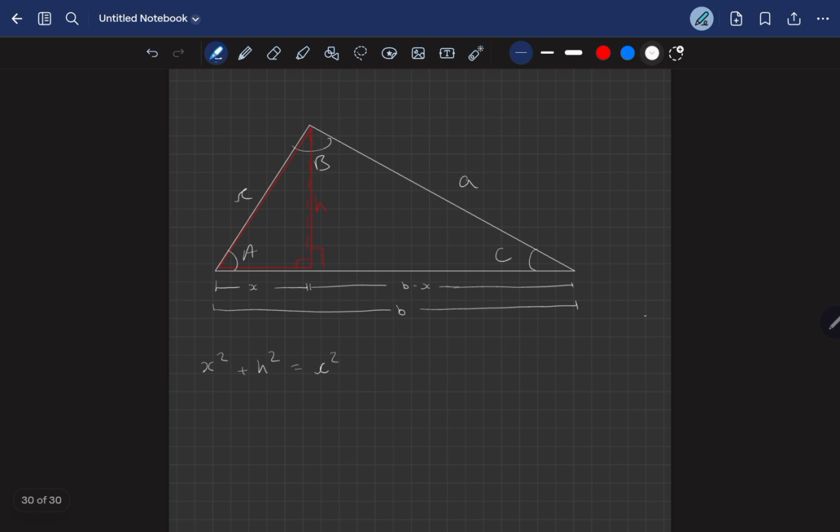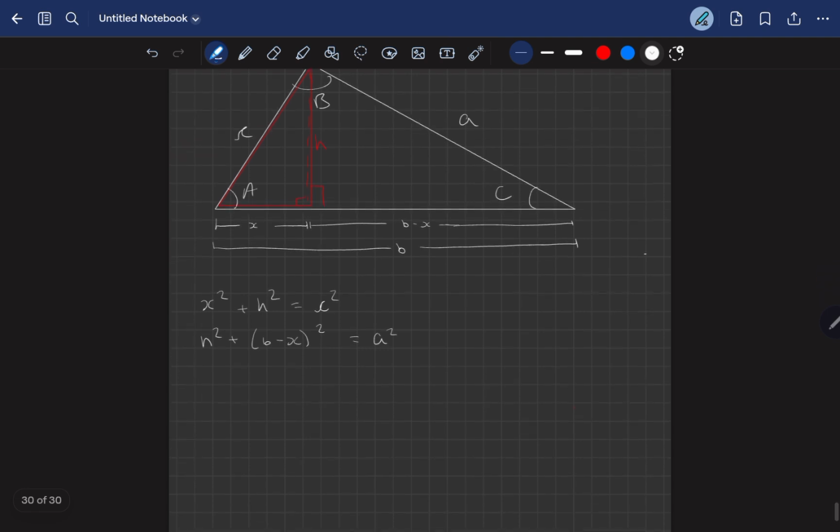Now we can focus on the other side, where we know that h squared plus b minus x squared, because remember this is just b minus x, is equal to a squared, because A is the hypotenuse. Now, we rearrange to make h squared the subject, and then we can substitute these in together. So here we have h squared is equal to c squared minus x squared. And here we have h squared is equal to a squared minus b minus x all squared.